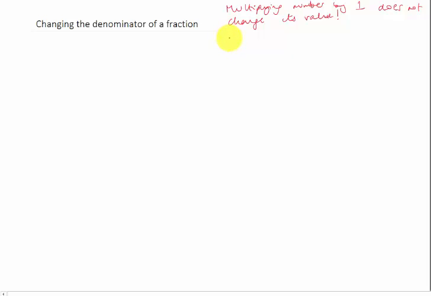I've just told you that a fraction with a numerator and denominator that are the same is equal to 1. So that applies to this. I can say multiplying by a fraction where the numerator is equal to the denominator does not change the value.